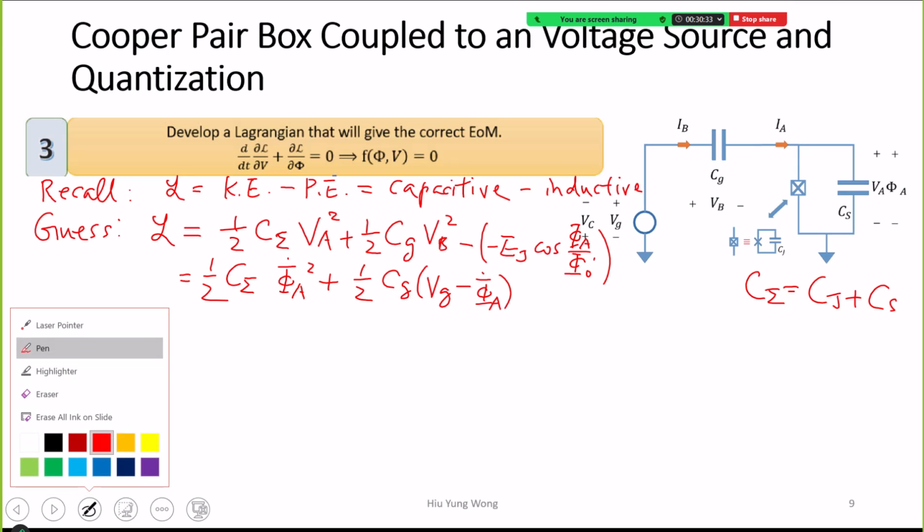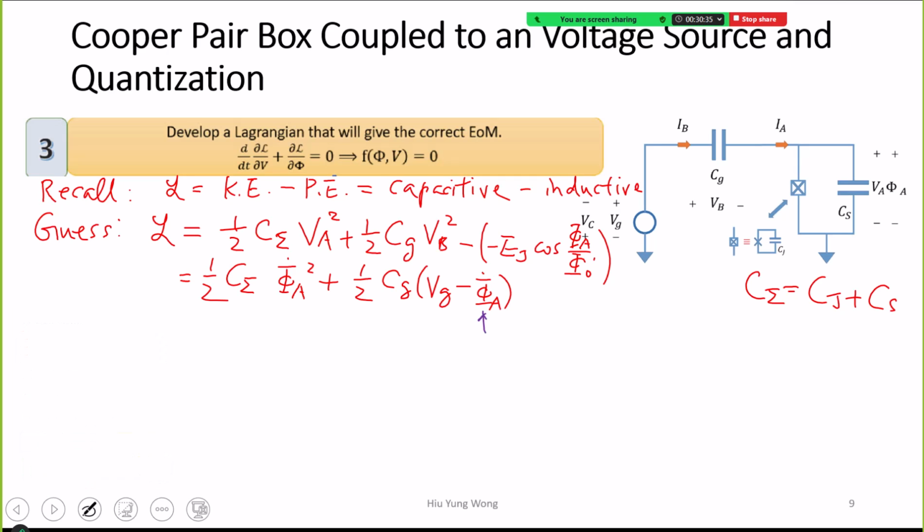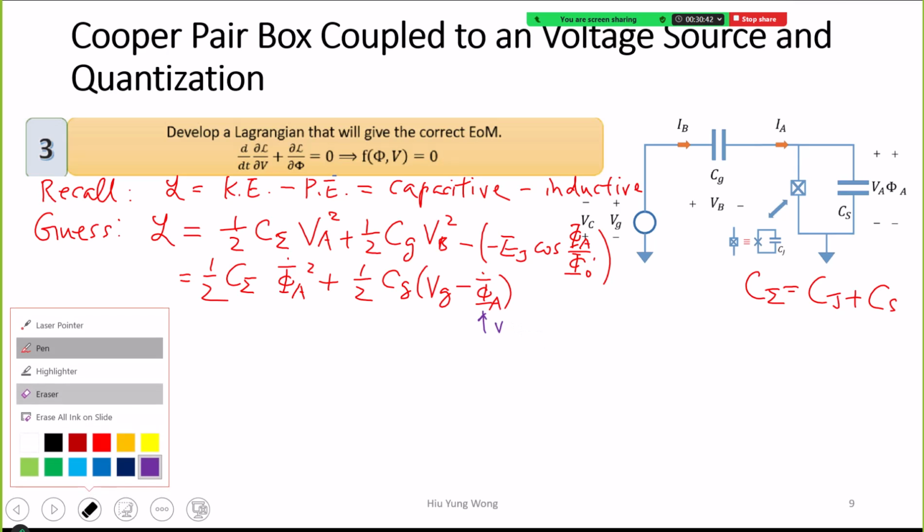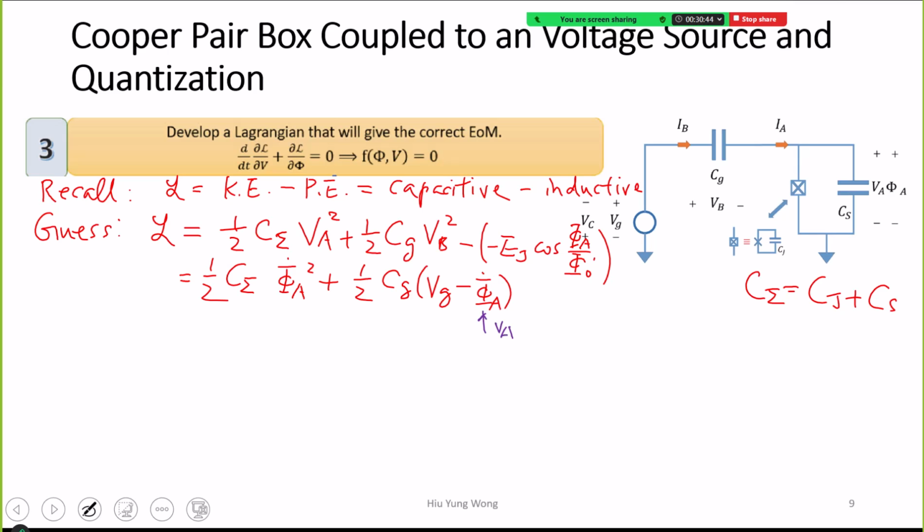Let me remind you, this is just VA. I need to be very careful about the sign, so it will be VG minus VA.